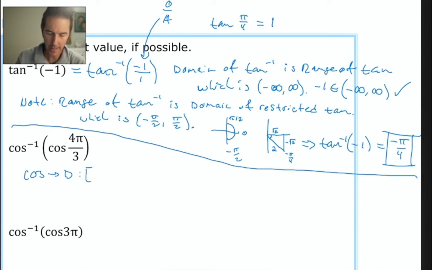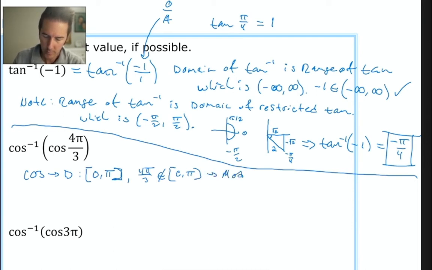Oh yeah, that went from 0 to pi. Is 4π/3 in this restricted domain? No. 4π/3 is not a member of this domain. So, modify the angle.